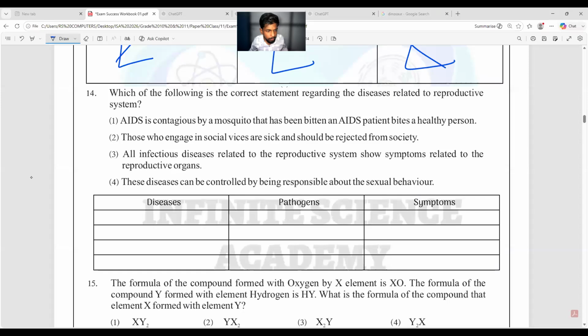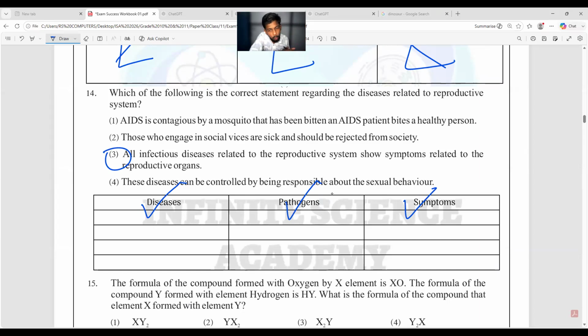Question number 14 was regarding the diseases related to the reproductive system, and we have written the diseases, pathogens, and the symptoms. And from this, we have learned a very important thing, that not all the diseases cause the disease only in the reproductive organ, because AIDS is one of the diseases that affects the total body.